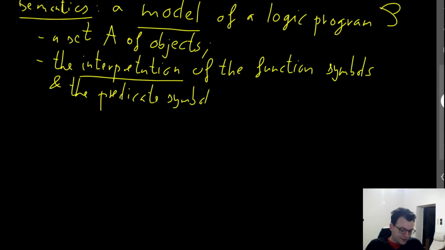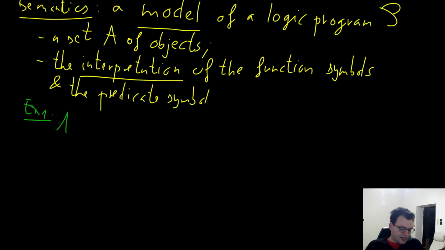So for example, example 1. Let's say the universe is the natural numbers, so it's 0, 1, 2, 3, and so on. And for the interpretation, I will have to define what's the meaning of even, odd, S, and 0.